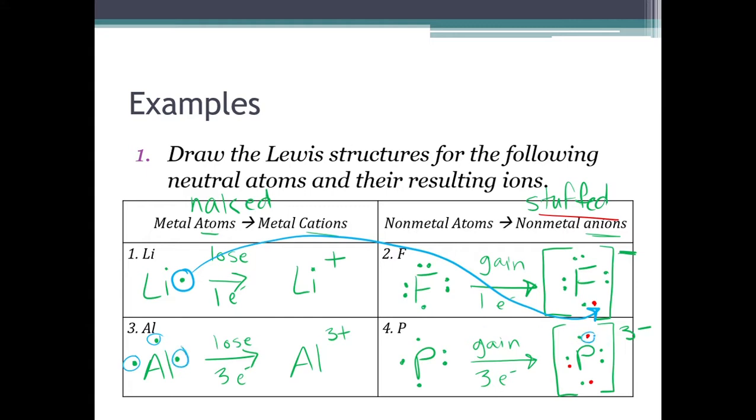Fluorine has gained 1, 2, 3 electrons. So they're not being deleted and then created. They are being transferred from our metal to our nonmetal until everyone has the correct number of valence electrons, until everyone is happy. So that's what we're going to look at next, is how to actually put this process together to draw actual formula units of our different ions together.